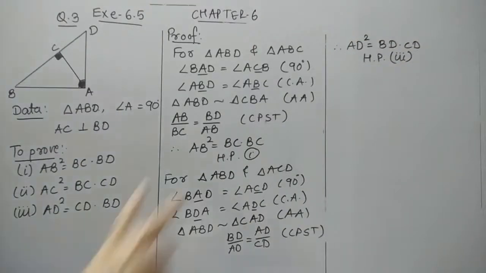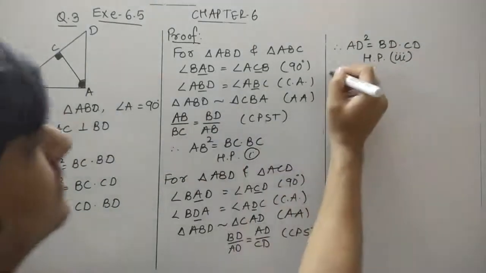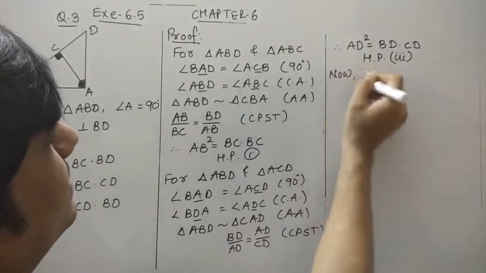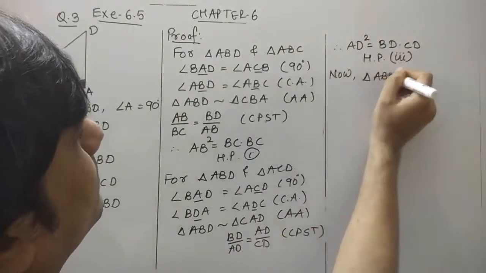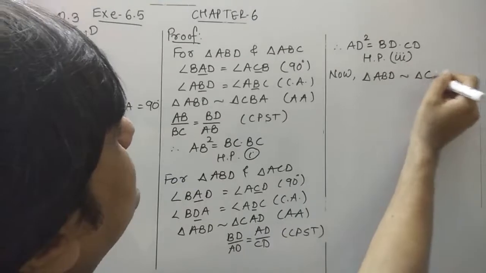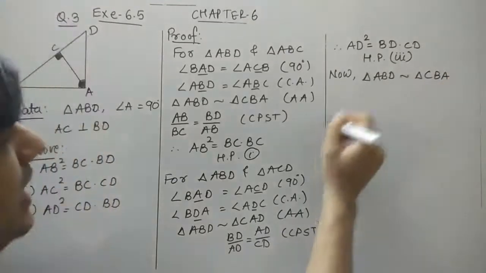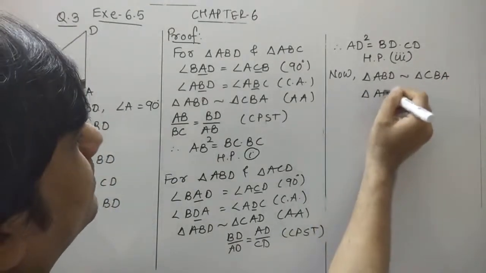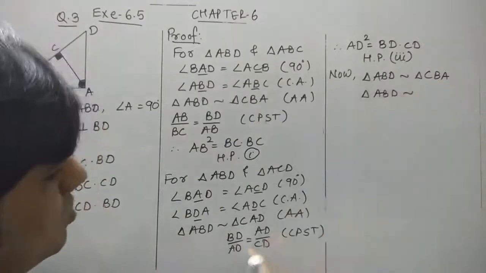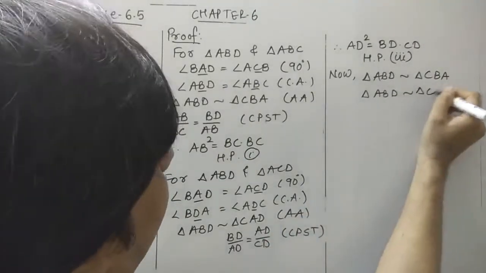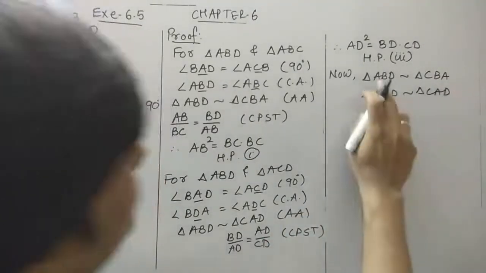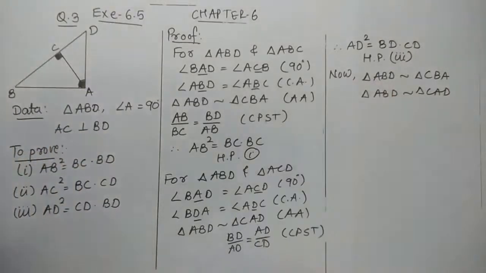Look at this first similarity, that is, triangle ABD is similar to triangle CBA, and triangle ABD is similar to triangle CAD. So you can see that ABD is common here.